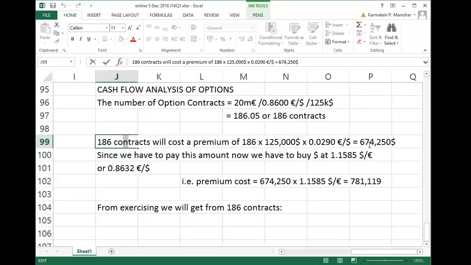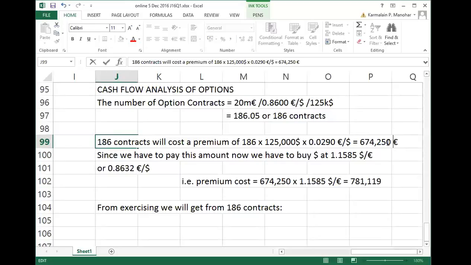If this is dollars multiplied by that, what is this 674? This 674 is not dollars, is it? This 674 is euros. Is everybody clear with that? Because we're multiplying by euros over dollars here, that knocks off the dollars, leaves us with euro. We now have to pay this amount. Maybe that's why the examiner answer did it the other way around. Let me check back my logic here now. This is not an amount of dollars, that's an amount of euros.